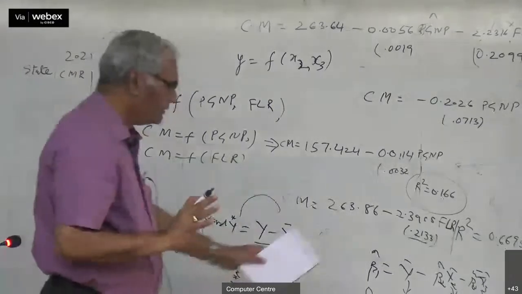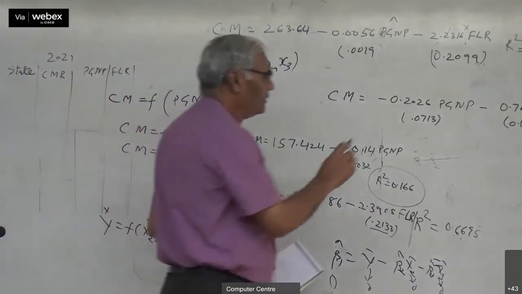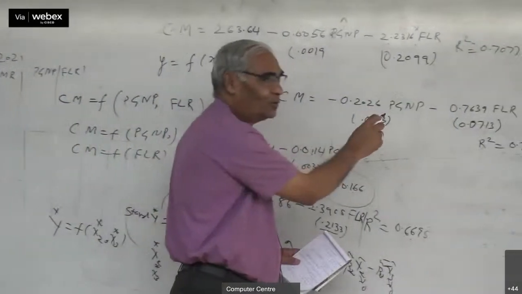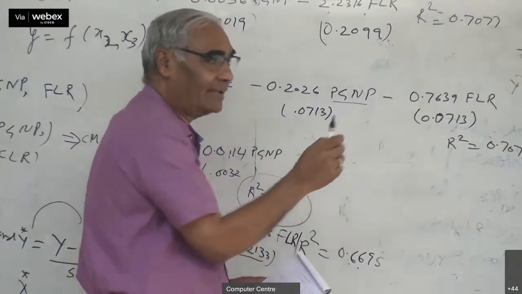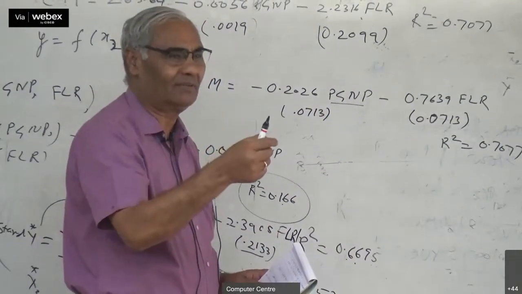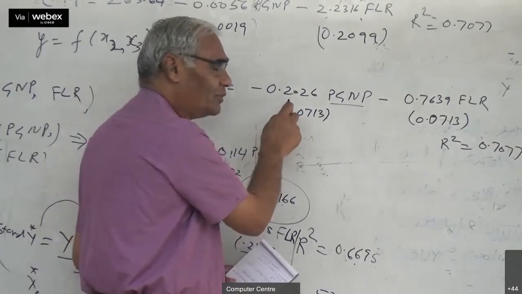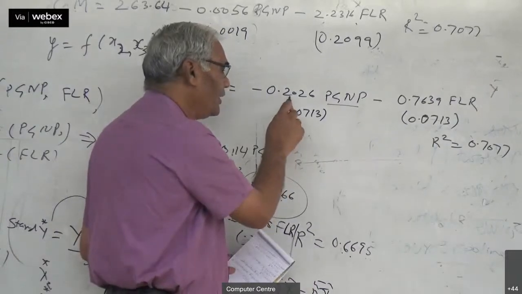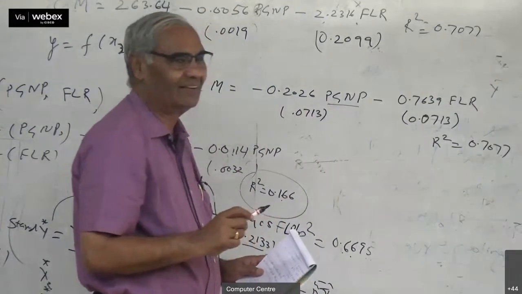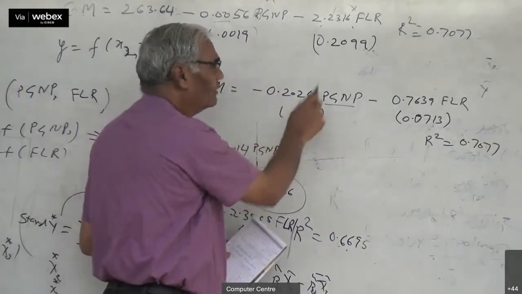Now the value is 0.2023. Increase your standard per capita GNP by 1 unit, and you will be able to reduce your child mortality rate by 0.20. Earlier the value was very low, now it is good.